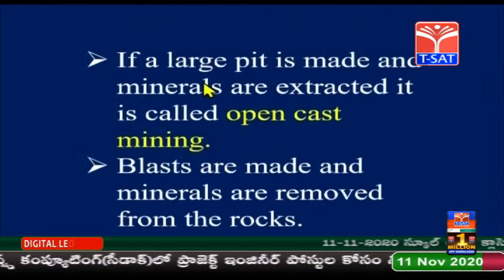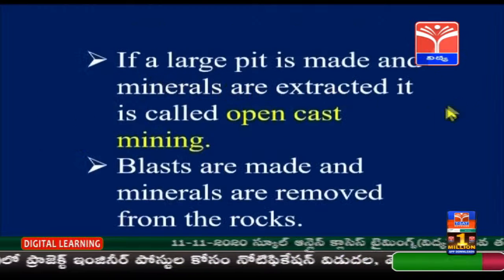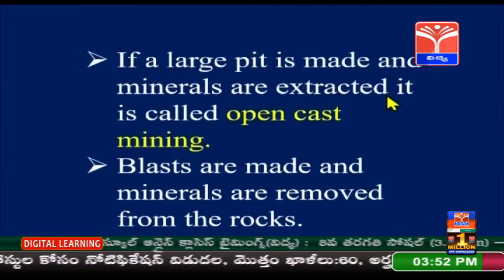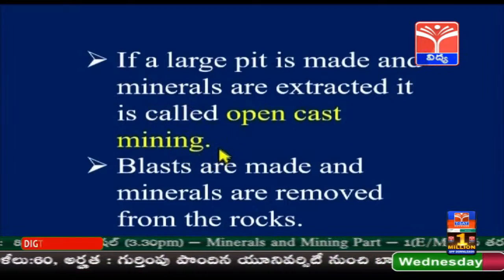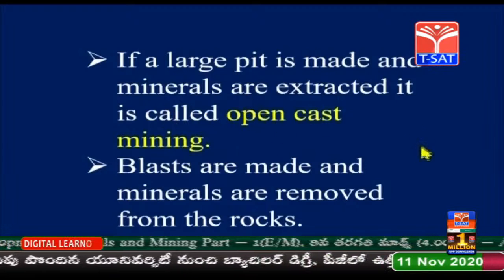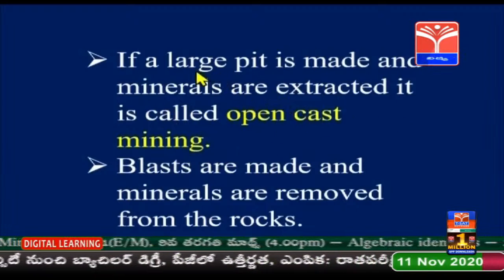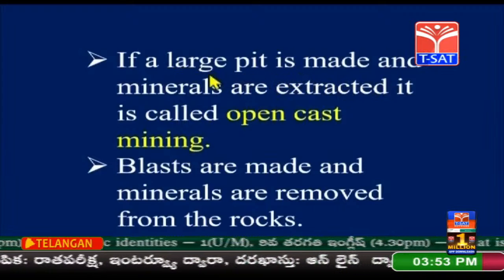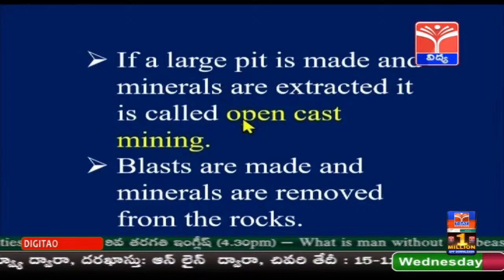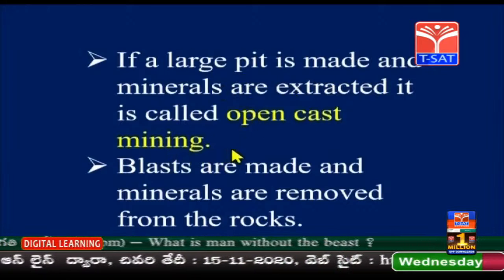Let us understand. If a large pit is made and minerals are extracted, it is called open cast mining. There is no hole dug deep inside, but they will just dig a large pit and extract the minerals in that large pit only. Such mining is called open cast mining.